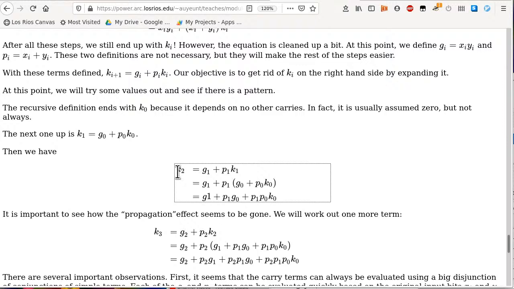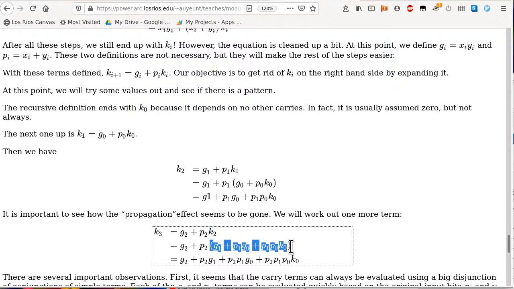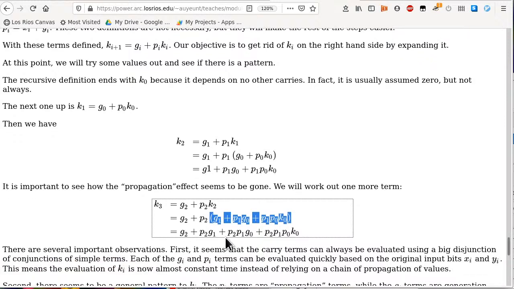Once we know K of 2, using the carry look-ahead formula, which is this one here, we can substitute it when we try to figure out K of 3. Once again, instead of K of 2, we substitute the entire expression, and then we do the expansion or distribution, and we end up with K of 3 being this mess over here. As you go, you can see that there is a particular pattern to it.